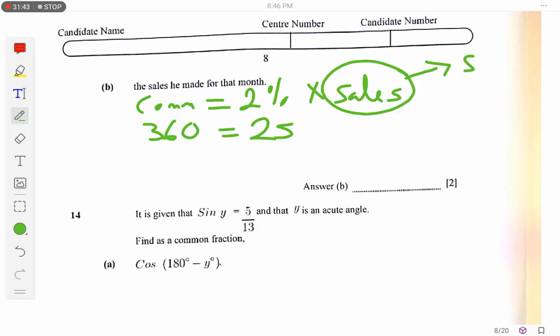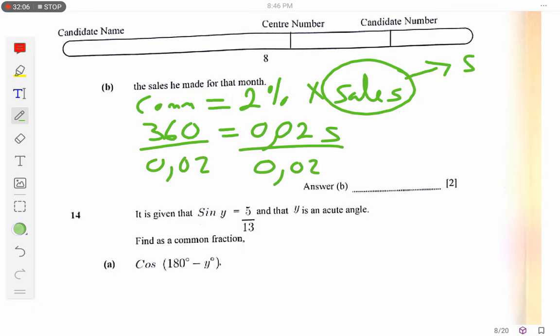Remember my 2%, let me not forget my 2% there. I can now write it as 2 over 100, right? I'll get 0.02. So this is 0.02 times S there. To get my S, I'll simply divide by 0.02.